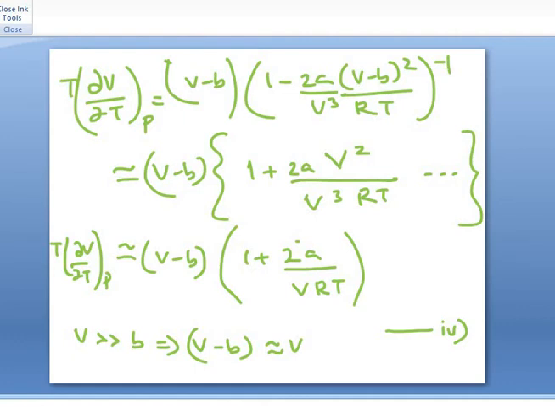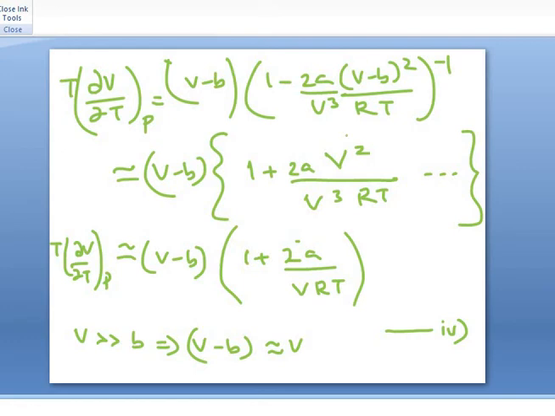Here one thing also we have done, that we will continue. Now V minus B, take the expansion. 1 minus x raised to minus 1 is 1 plus x. The first term will be, so this will be 1 plus 2A by V cube V square RT. One thing I have done is when you are dividing V minus B square by V cube, I have ignored this B part because V is much greater than B. When V minus B is an independent term, there is no problem, I am keeping it.